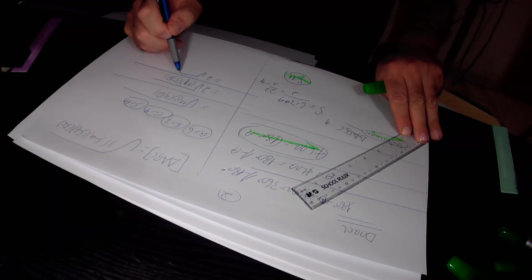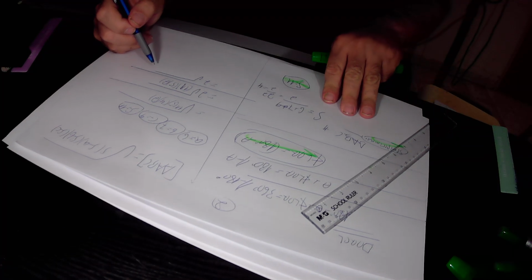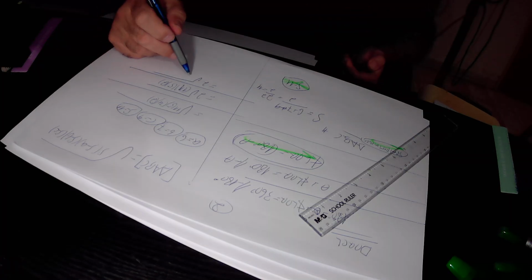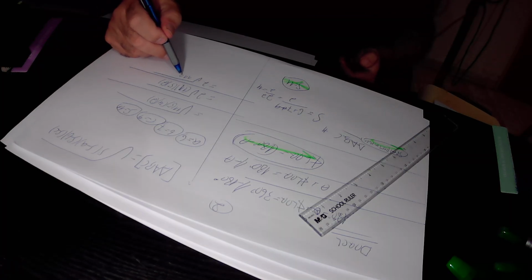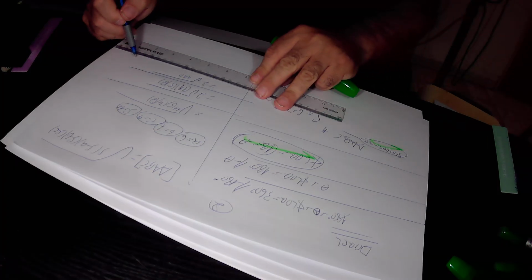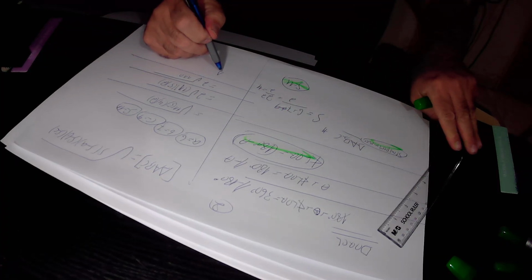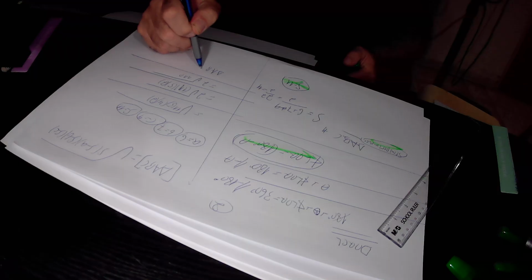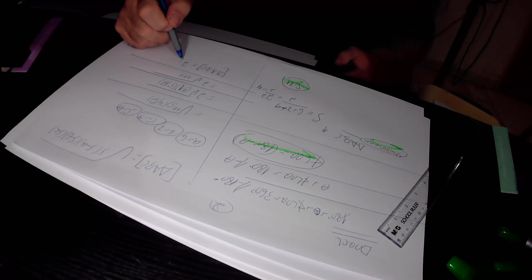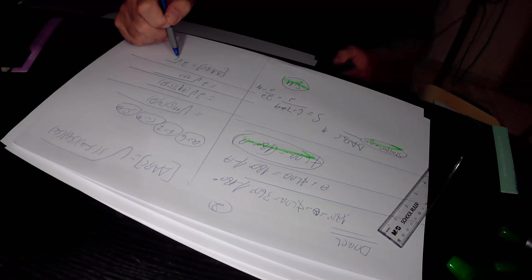Inside the root we have 11 times 5 is 55. 55 times 2 is 110. So in total we found out that the area of triangle ABC is equal to 2 times the square root of 110 square units in size.